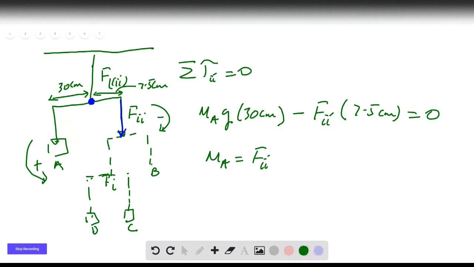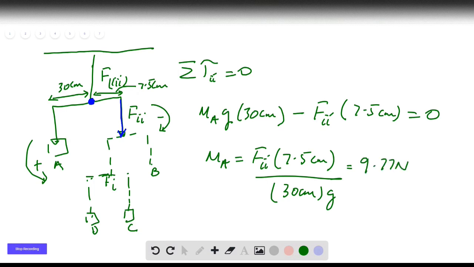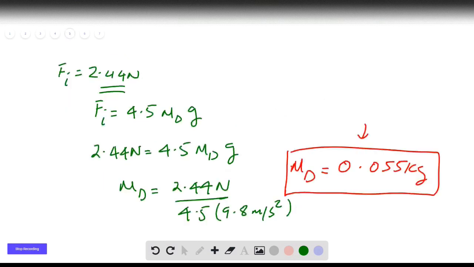So we have F sub Roman 2 times 7.5 centimeters all over 30 centimeters times G. This becomes 9.77 newtons, because F subscript 2 was 9.77 newtons.